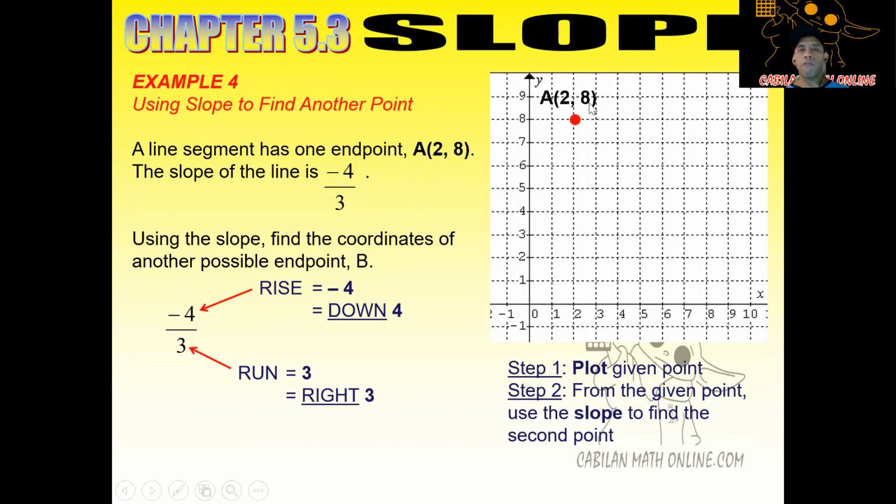From the point I plotted, I went down 4 and then right 3. Then I plotted. Now, remember I said at the beginning of the lesson, always think about what the line should look like, and we determined that anything with a negative slope is a line that's falling down to the right, and we have exactly that. So I just want to bring to your attention that you can do this for any slope and for any point.